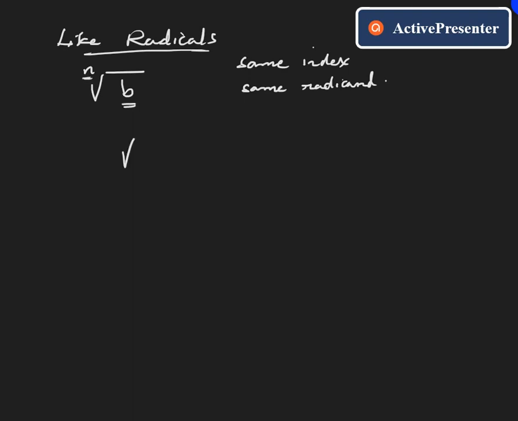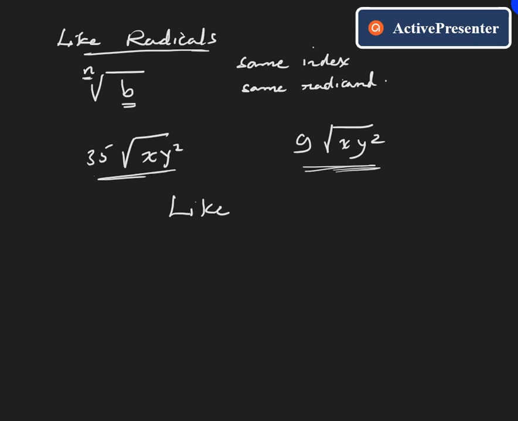For example, square root of xy square, 35 multiplied in square root of xy square, and 9 multiplied in square root of xy square. Those are called like radicals. Why is that? Because we have the same index and the same radicand, okay?